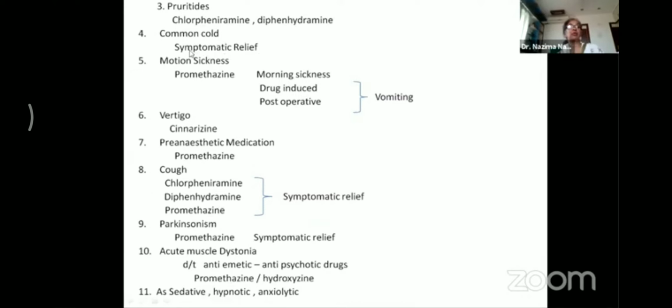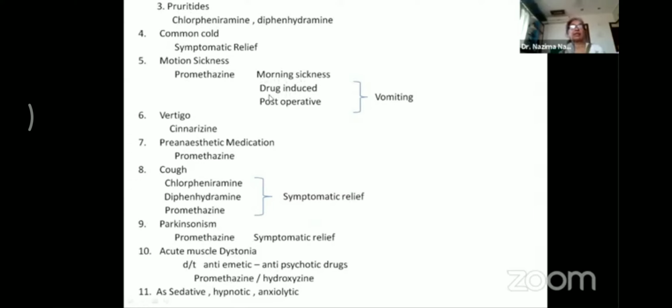Again, motion sickness, these drugs are quite helpful in motion sickness. They prevent motion sickness when taken half an hour or 1 hour before traveling. Again, promethazine, this drug is useful in vomiting of pregnancy or morning sickness.